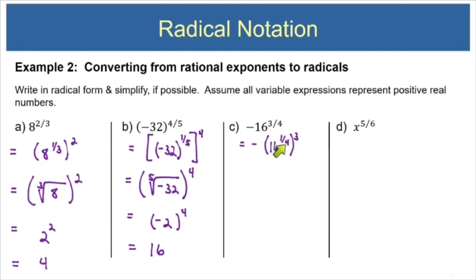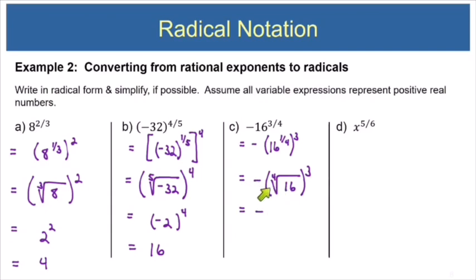Okay, now let's write this in radical form. So 16 to the 1/4 power would become the fourth root of 16, and that whole thing is going to be raised to the third power. And again, the negative is outside. So to simplify this, we'll say what is a number whose fourth power is 16, and of course that's going to simplify to 2.